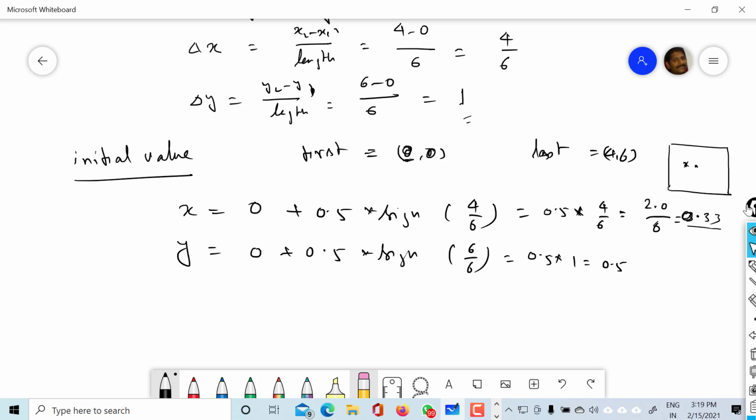This value is very near to the center point rather than the boundary. Therefore on average we say that this value is equal to 0.5.